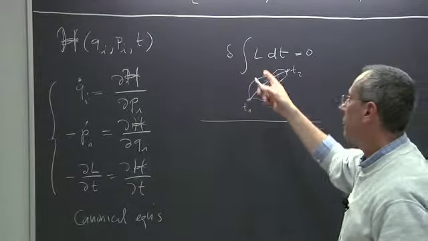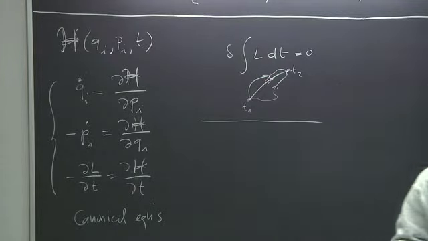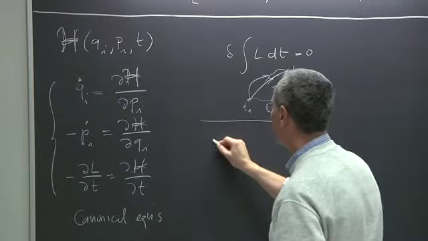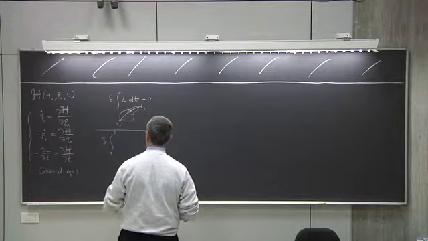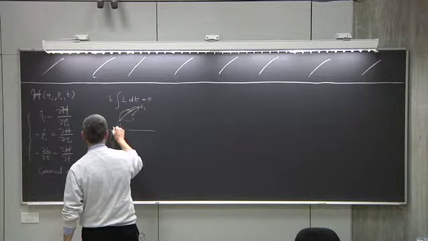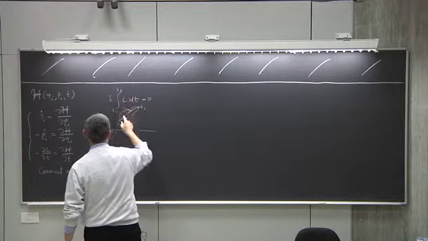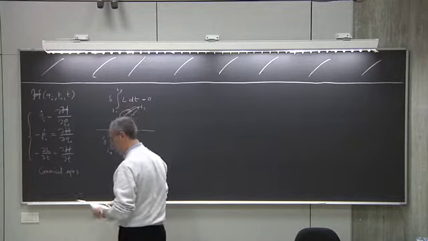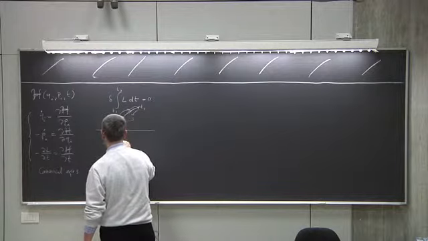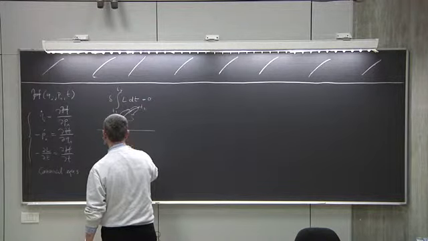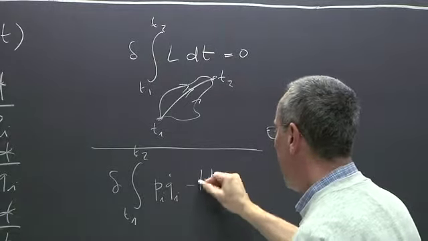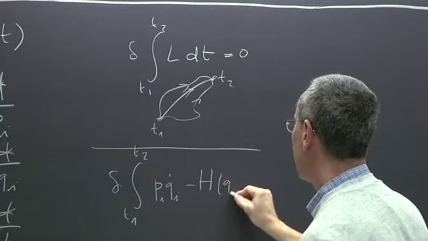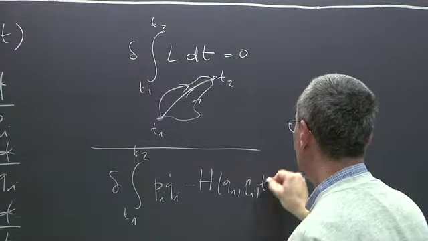And in fact, if I replace the Lagrangian using the Legendre transformation, I can rewrite this variational principle between the two times T1 and T2. So L, you remember, is just Pi Qi dot, Einstein sum, minus the Hamiltonian, that itself is a function of these.